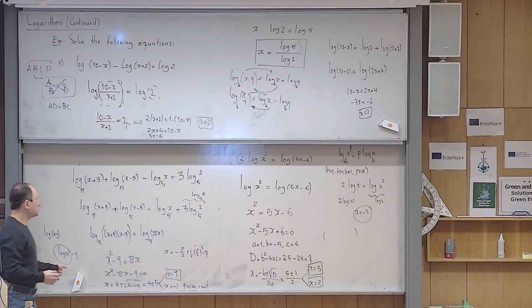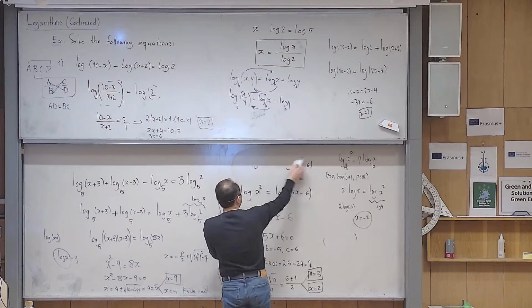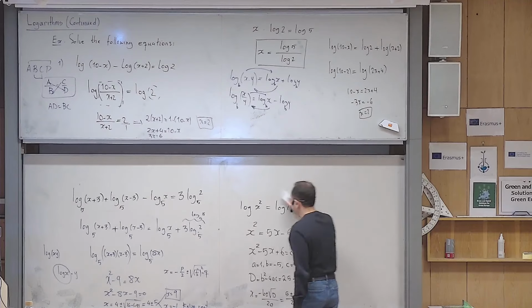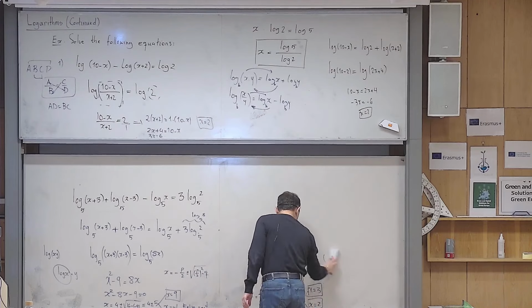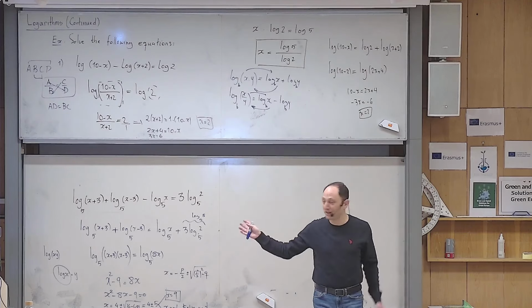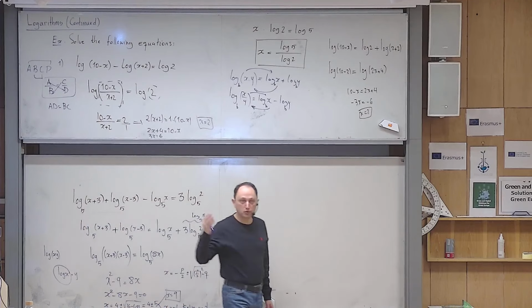So it was possible. Yes? But could you write the left-hand side in one stroke instead of doing it step by step? Can you see an alternative way to do it? If I want to do it myself, I do it a little bit faster. Can you combine the left-hand side into one log immediately without doing it step by step?